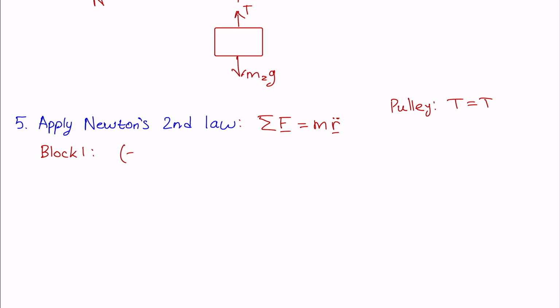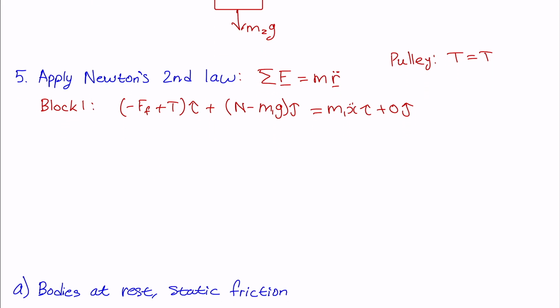We're going to have minus FF plus the tension in the I direction plus N minus M1 G in the J direction is equal to M1 X double dot in the I direction plus 0 J. So we're going to end up finding that for the I direction, we will get M1 X double dot plus FF is equal to the tension.